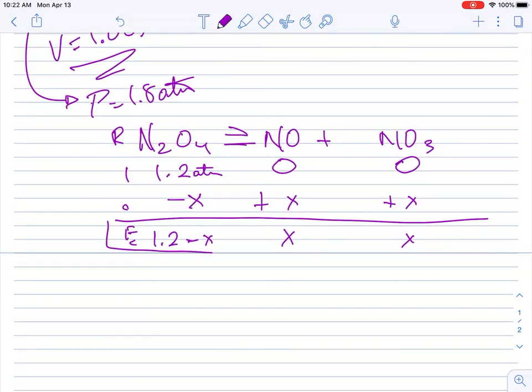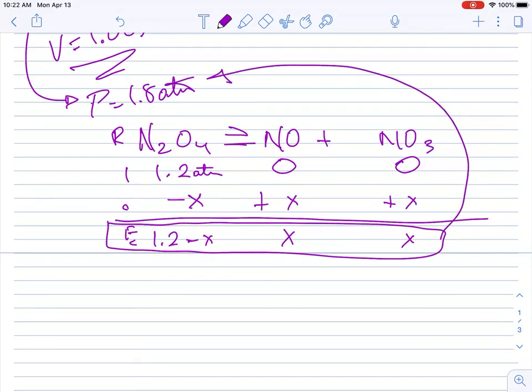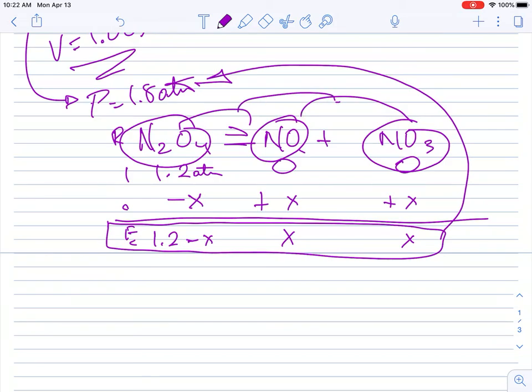We know that the total pressure of 1.8 atmospheres has to be created by the sum of the pressure created by the N2O4, the NO, and the NO3. All of these are combining to produce that pressure of 1.8 atmospheres. So what we're going to do is add these together.